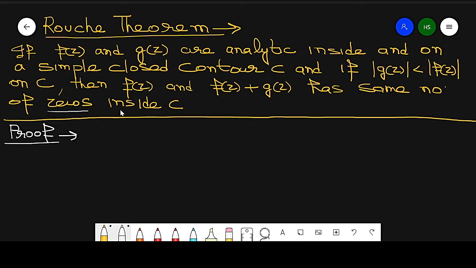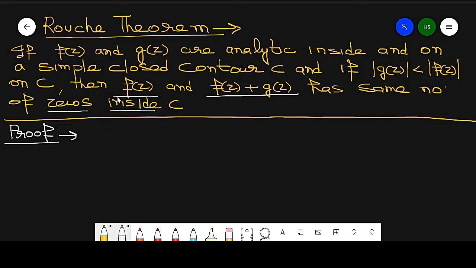So remember that if all these conditions are satisfied, then the functions f(z) and f(z) plus g(z) have the same number of zeros inside C. It means the same number of roots. So this is the statement of Rouche's theorem.